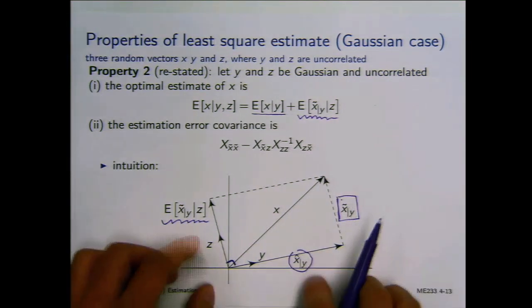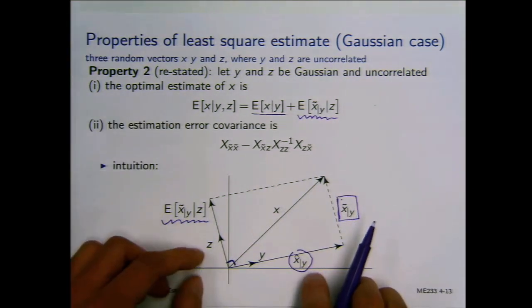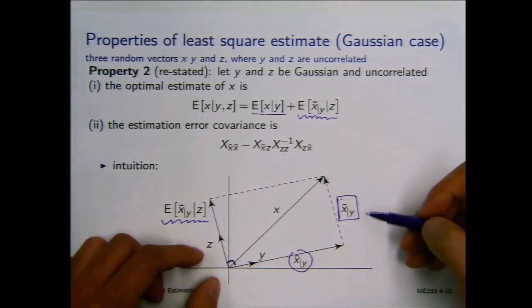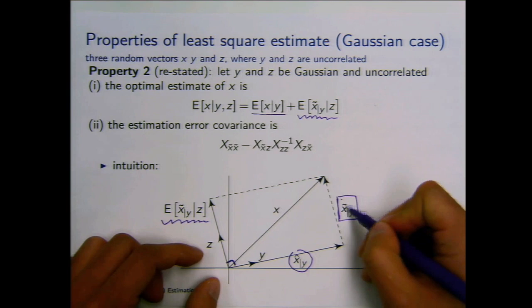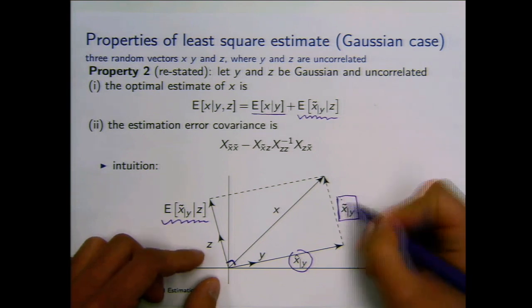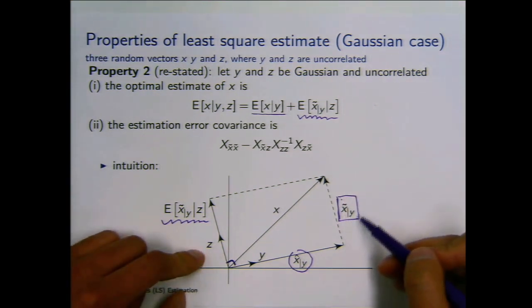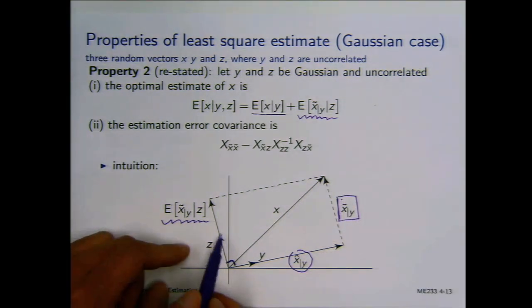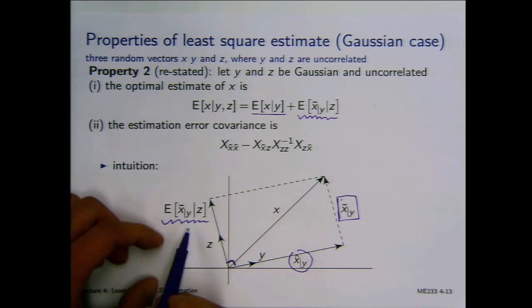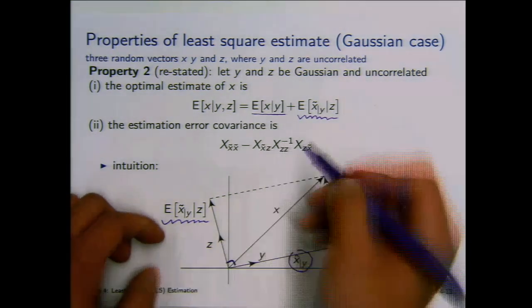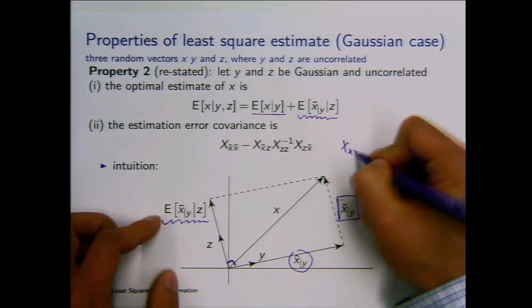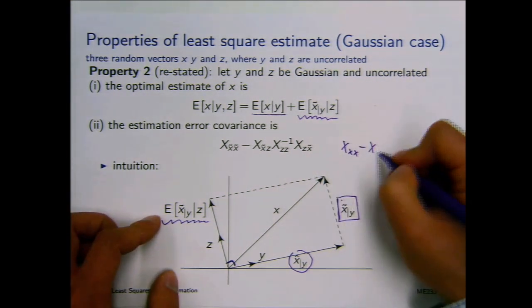So that's, first of all, the optimal estimate of the mean. And then look at the estimation error covariance. It's going to be the estimation error covariance minus the additional information provided by this z direction. It's probably better to write out the first information.